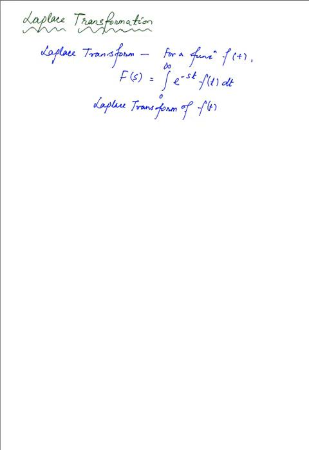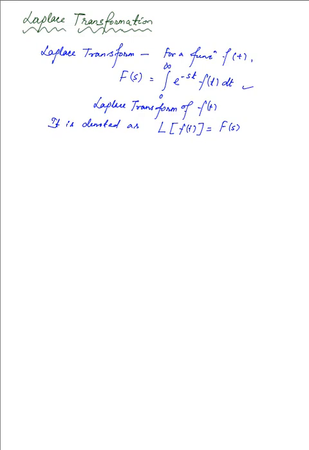It is denoted as L, which is the notation for the Laplace transform of f of t, and that is obviously equal to F of s, which is again equal to this term that we have just provided.